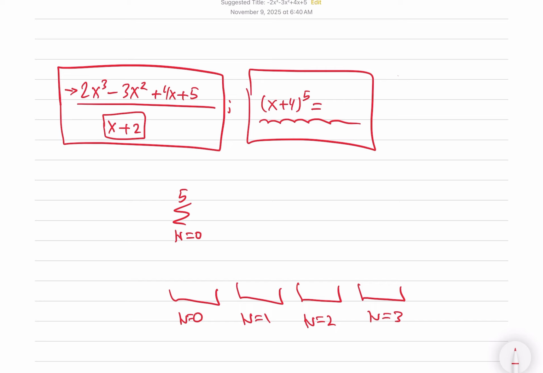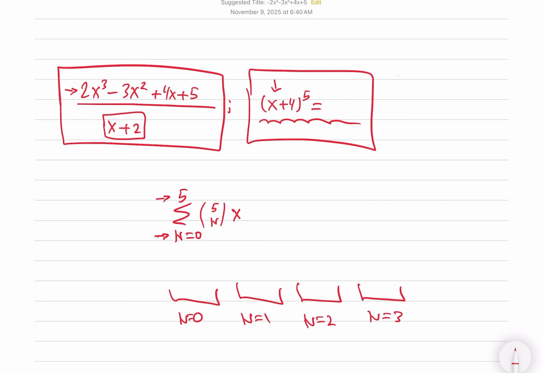Now, you always write 5 at the top of the summation, and you start with k equal to 0. We have simply 5 as the top term, and this is k, which is 0 in this case. Now, what's the first term of this binomial?